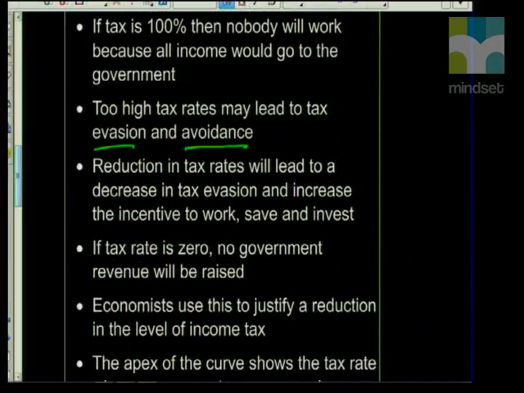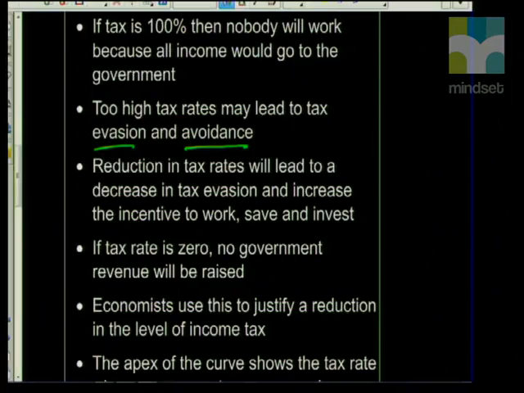Reduction in tax rate will lead to the decrease in tax evasion and increase in incentives to work, save, and invest. If taxes are reduced, remember our government has been so dynamic with this issue of tax over these years. They've been trying to be very cool. In fact, the income tax has been declining over the years to encourage people to start working more, and the government sits around and looks at how best the collection goes, and it has been clear that actually the government is collecting more.